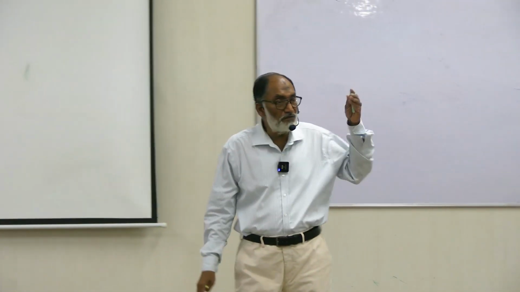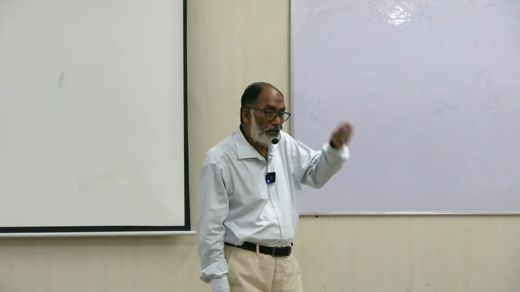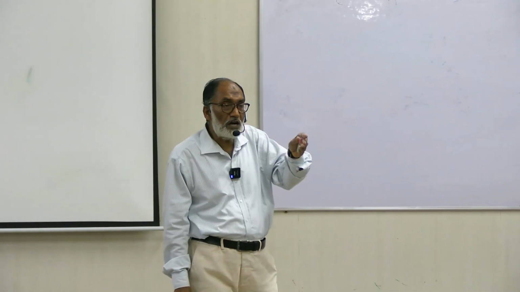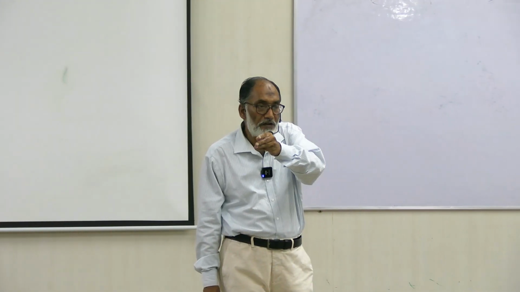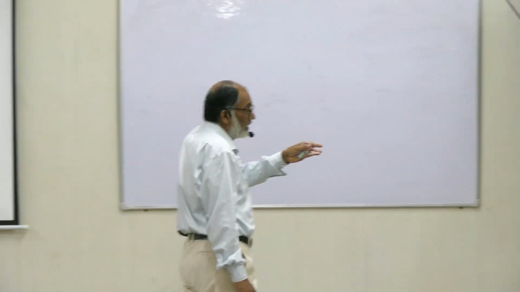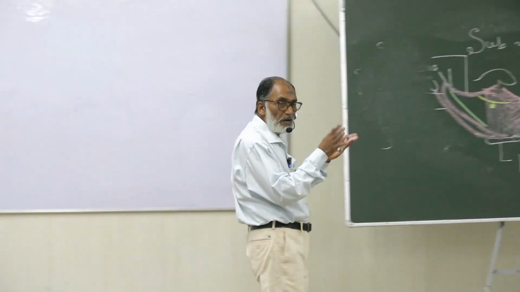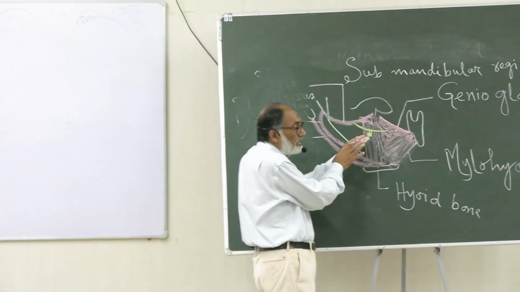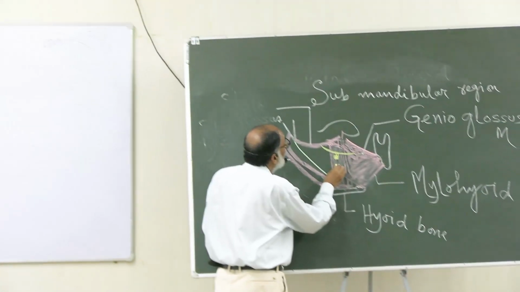Now below the submandibular ganglion, you will get the deep part of the submandibular salivary gland. I have already told you that the deep part lies between the mylohyoid and hyoglossus.